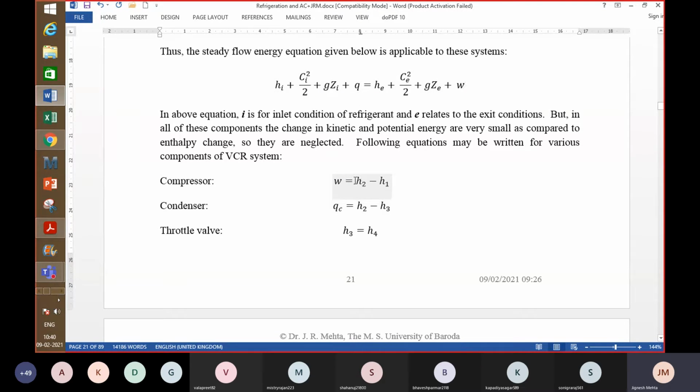Okay, but what I have written here is, though I have written H2 and H1, if I follow this equation, it will be HI minus HE, which will be negative. But I have actually written HE minus HI, which will be positive. So I just want the number, right? I just want the number, and I know that it's going to consume work, right? So the equation is written that way.